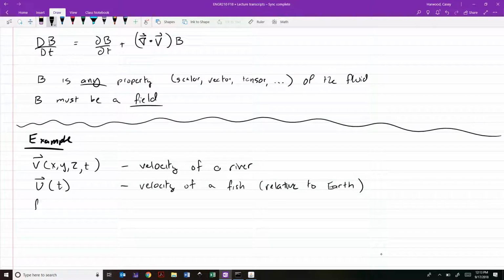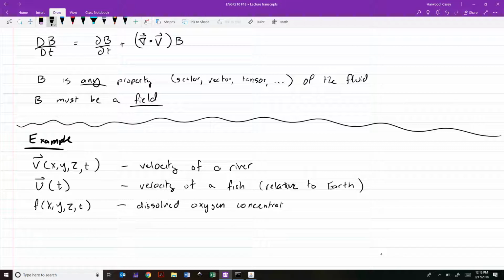And then we have f, a function of x, y, z, and t, which is the dissolved oxygen concentration in the river, written as a field.